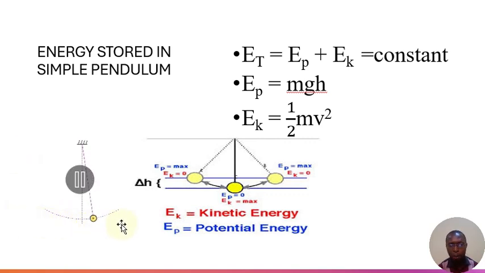Look at this swinging pendulum. As it's moving from left to right, to and fro, it is storing two types of energy, and that is potential energy and kinetic energy.